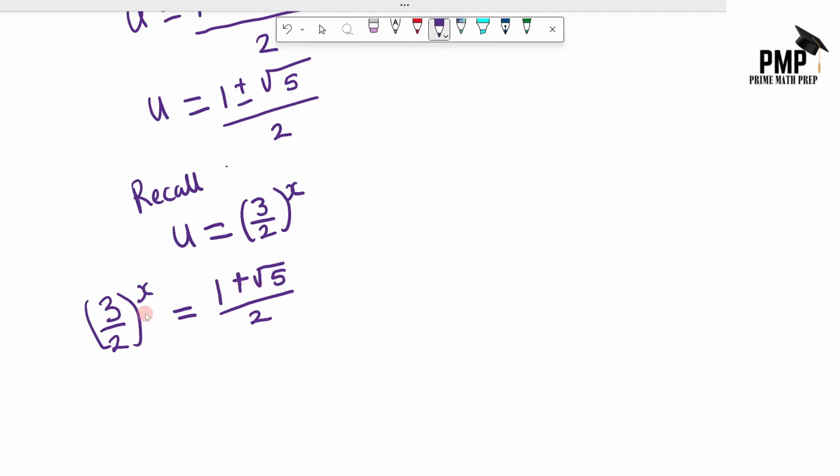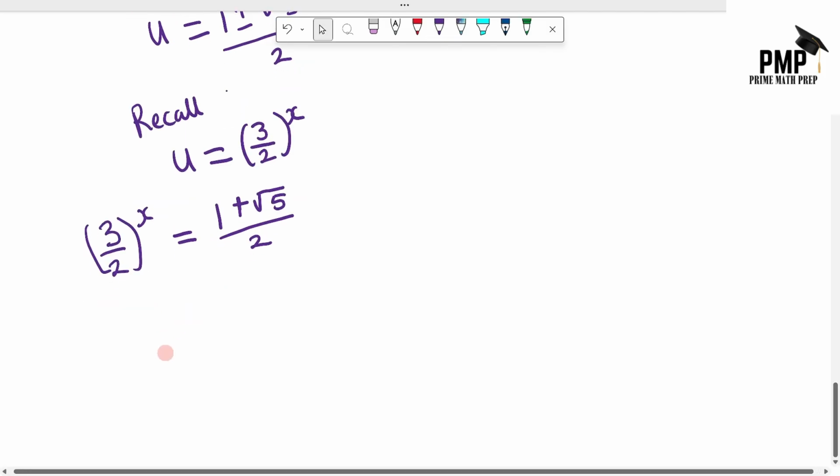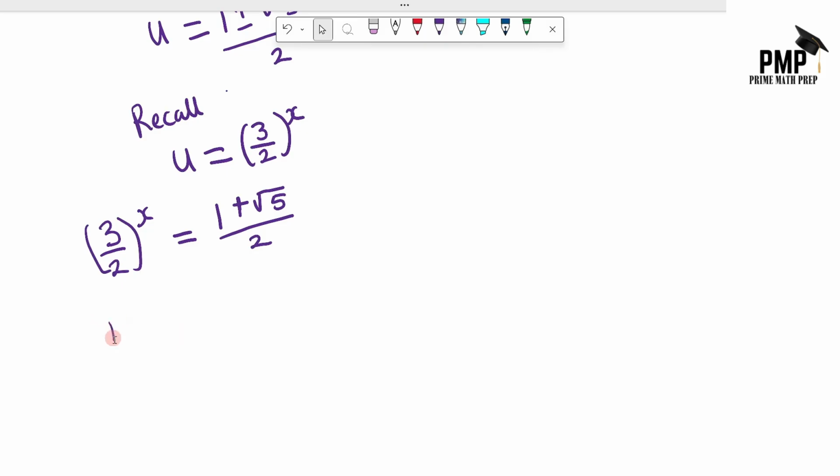In order for us to solve this, the easier way is to apply logarithm. And there's a rule of log that says if you have log a to the power of x, this is the same thing as writing it in this form. This x will go here, it will now become x log a. We'll take the log of both sides and apply this rule.